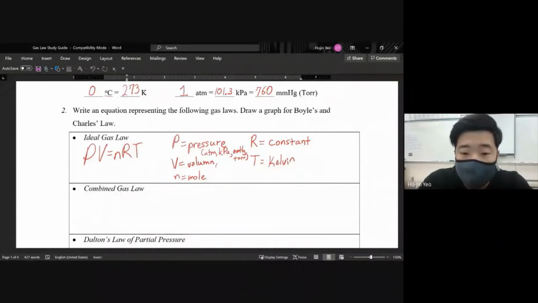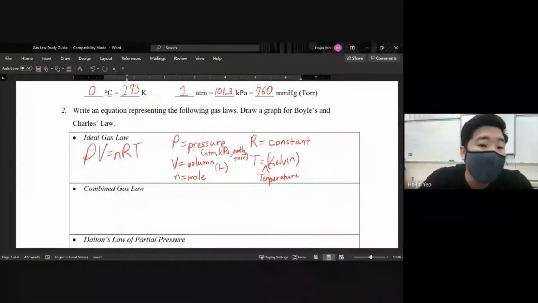Volume, the majority of the time, is going to be in liters. Moles are just moles. For the constant, depending on what your pressure is, your constant unit will change as well. For temperature, we always make sure that it is in Kelvin. So keep that in mind. That is the ideal gas law.